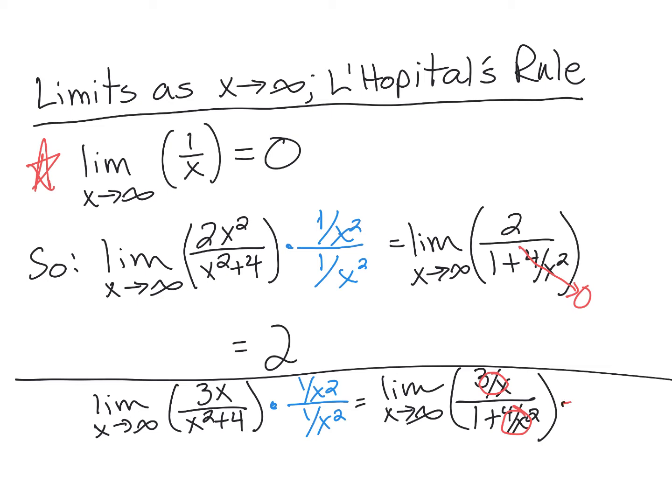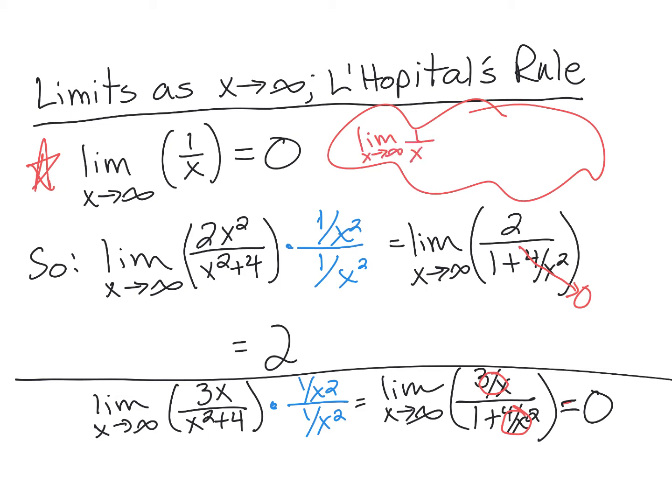All of this is based on the fact that the limit as x approaches infinity of 1 over x equals 0. We can also say that the limit as x approaches infinity of 1 over x to any positive power will equal 0.